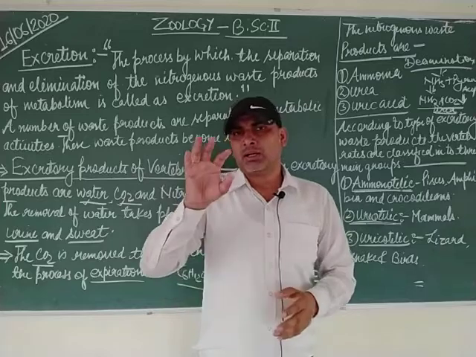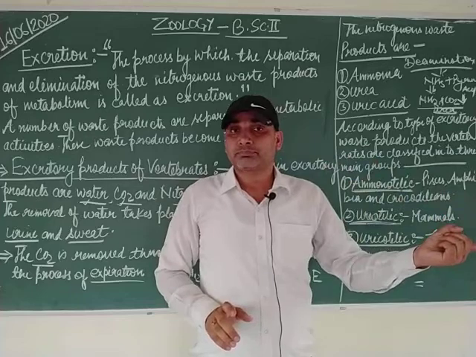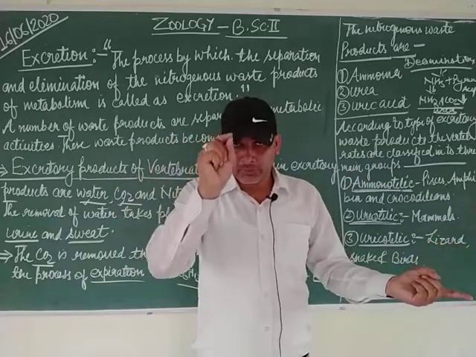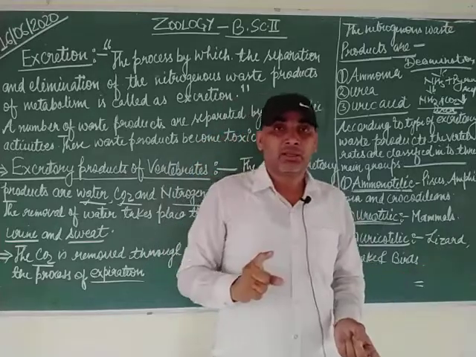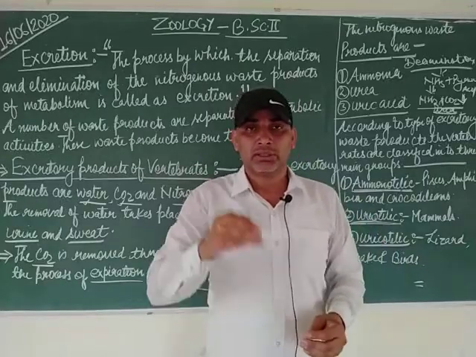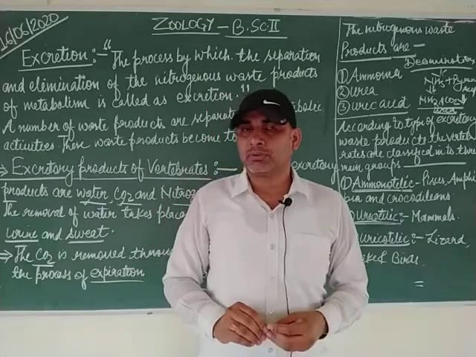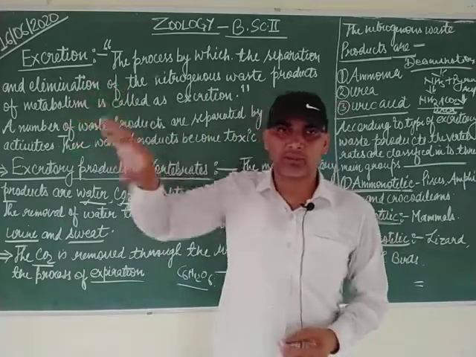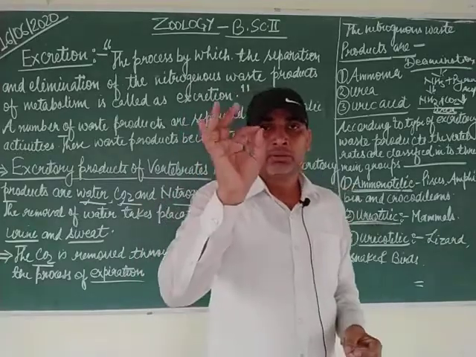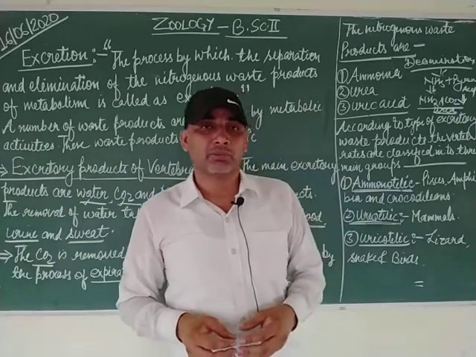So now we will teach about the particular organ for excretion, which means the kidney. In the chapter on animal physiology, there is the excretory system, and the excretory organ is the kidney, so the kidney will start in the next chapter.